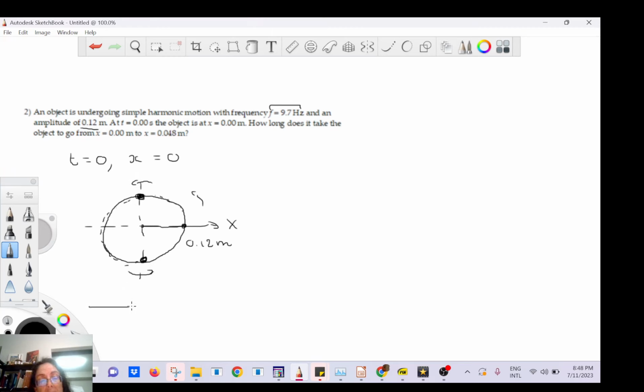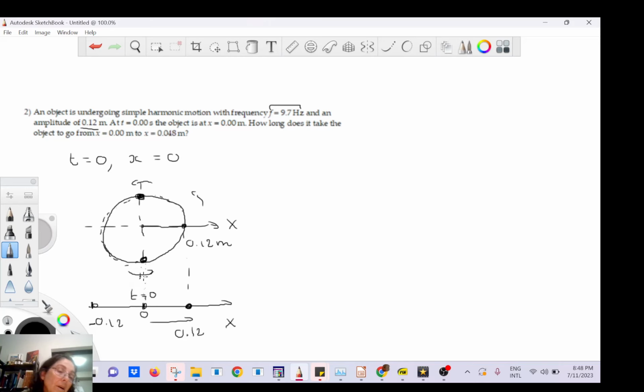So if you take the oscillator, it's oscillating between this position here, which is 0.12, and that position, which is minus 0.12, with the equilibrium in the middle. So it's oscillating back and forth, but we start the stopwatch here, t equals 0.